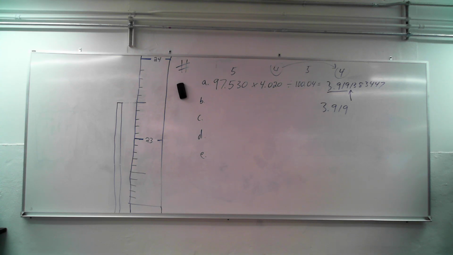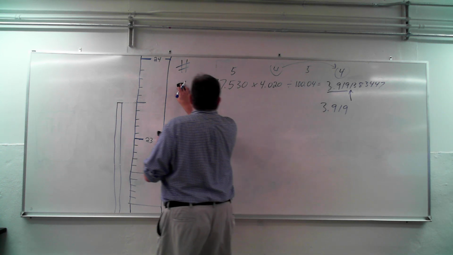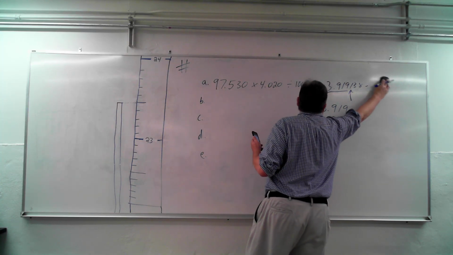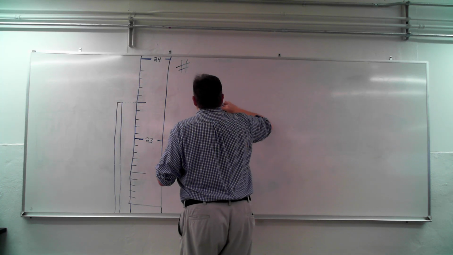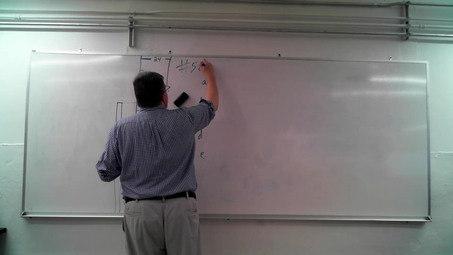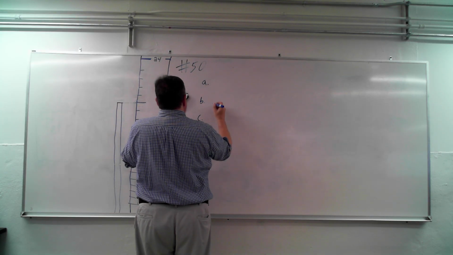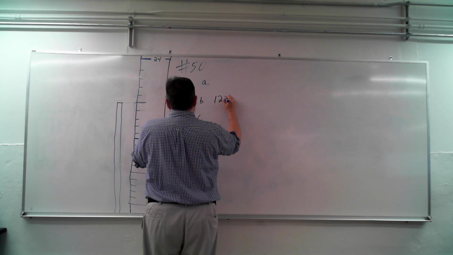The next one, addition subtraction rule, is down here at number 50. B is 1, 2, 3.